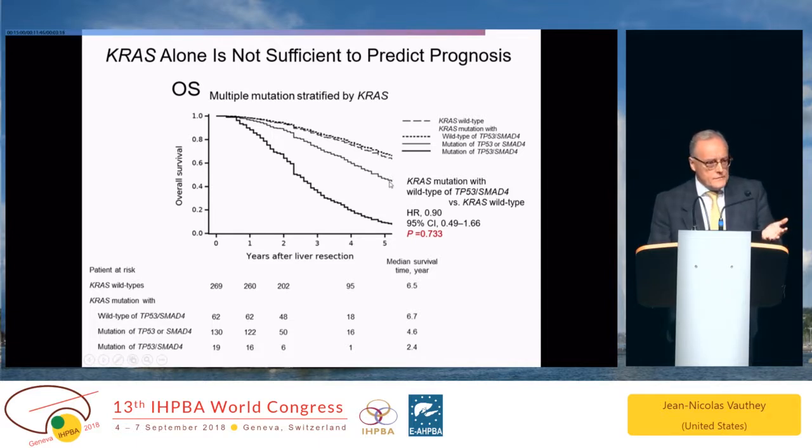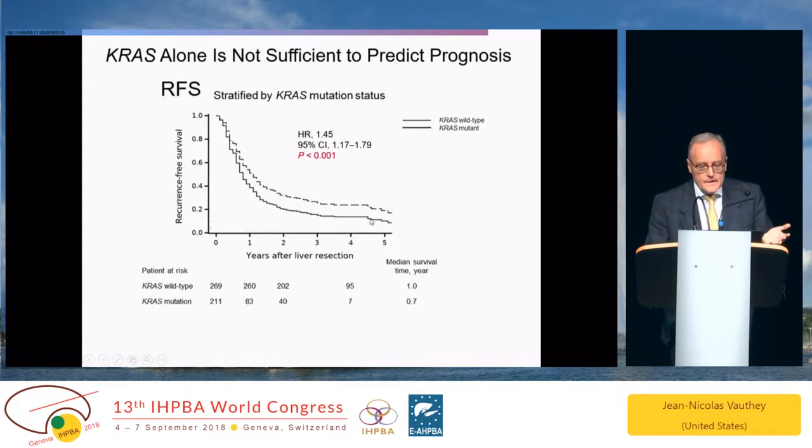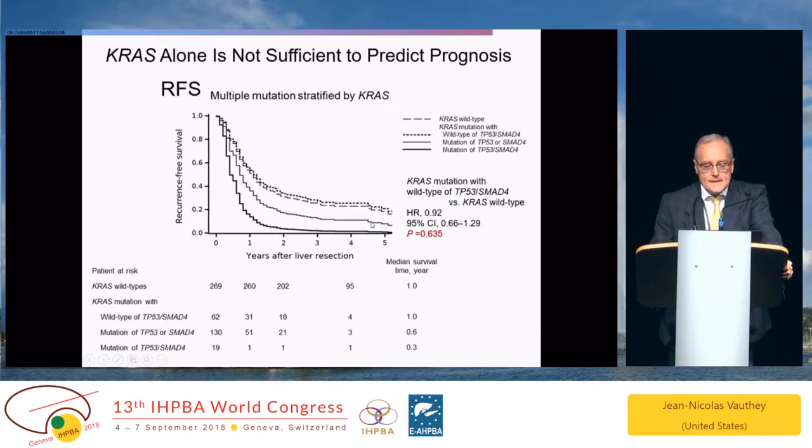But if you have one of the two mutations, TP53 or SMAD4, or double mutation, you are here, and you find the same difference when you look at the different subsets of patients in recurrence-free survival with multiple mutation.